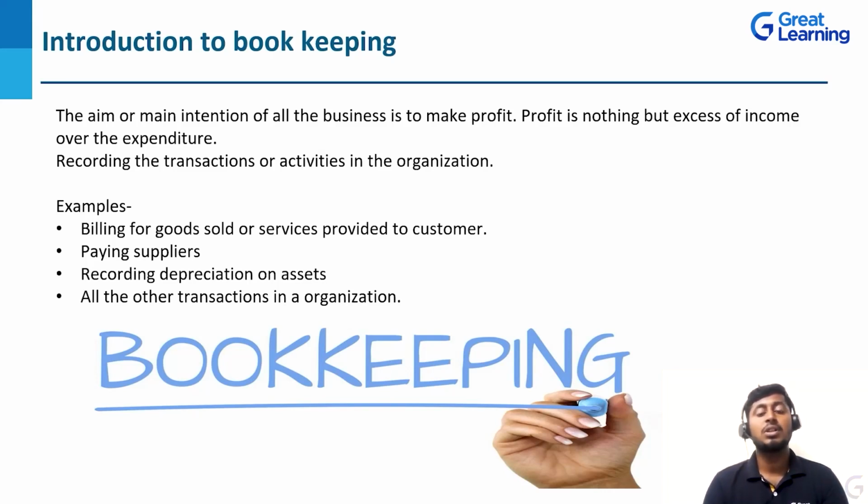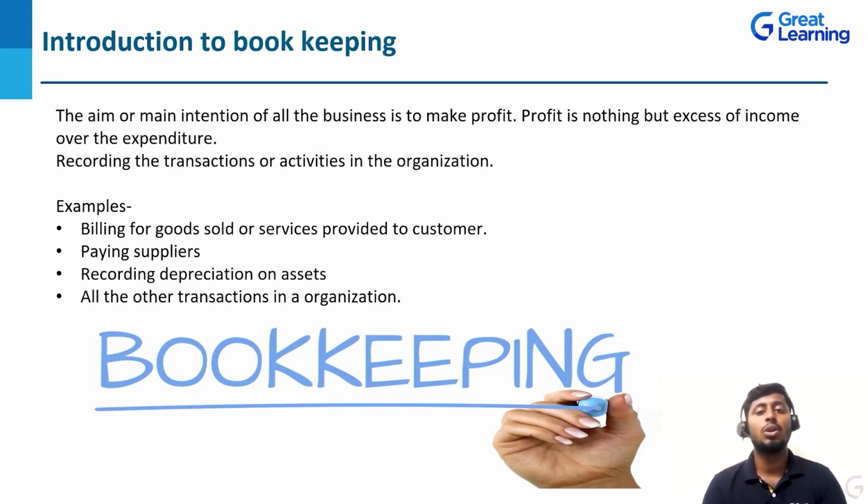The second transaction is paying suppliers: whatever goods we have purchased from the creditors, for that we are paying now. Next is recording depreciation on assets. Depreciation is not monetary, nothing comes into or goes out of the business; only fund flow is there within the organization.